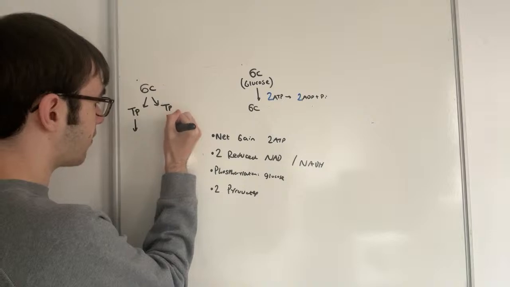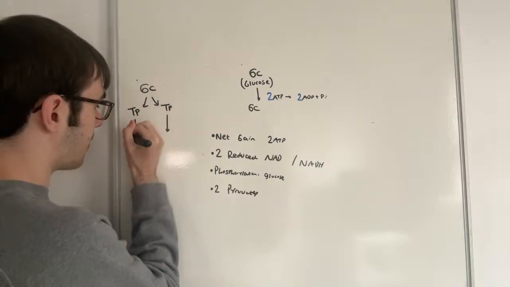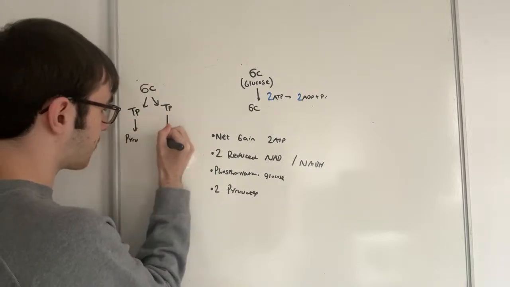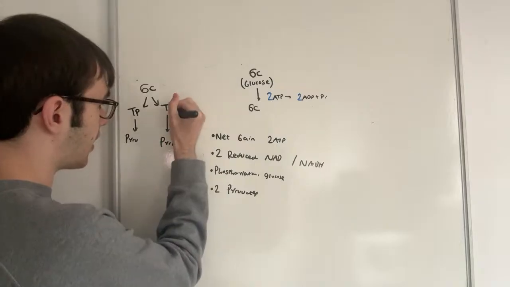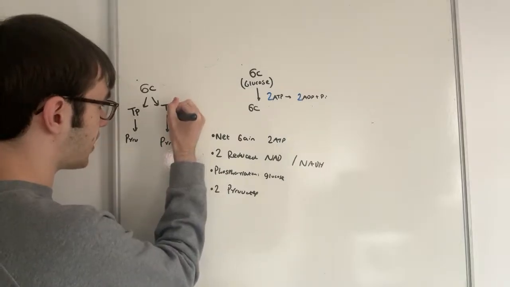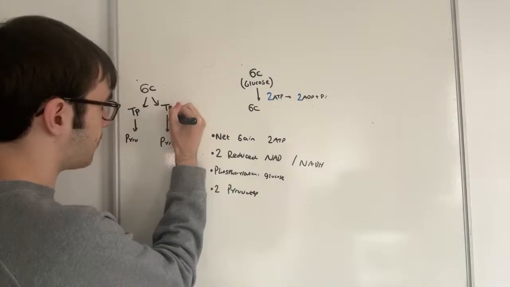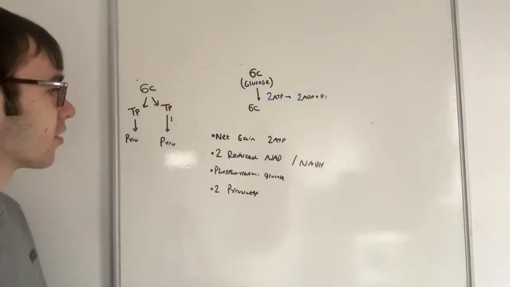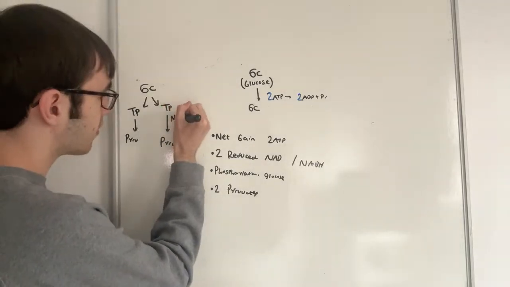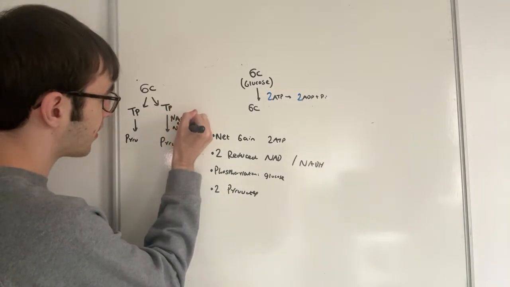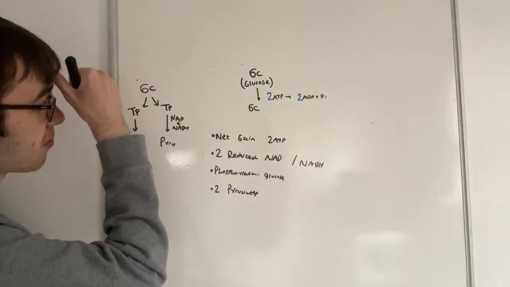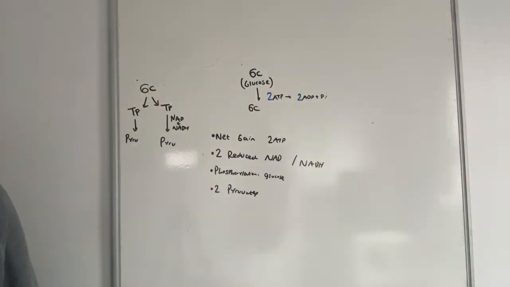Then from there, it becomes pyruvate, and that's because we have a redox reaction. So oh, how does this work? It's NAD to NADH, which reduces TP to pyruvate, I think.